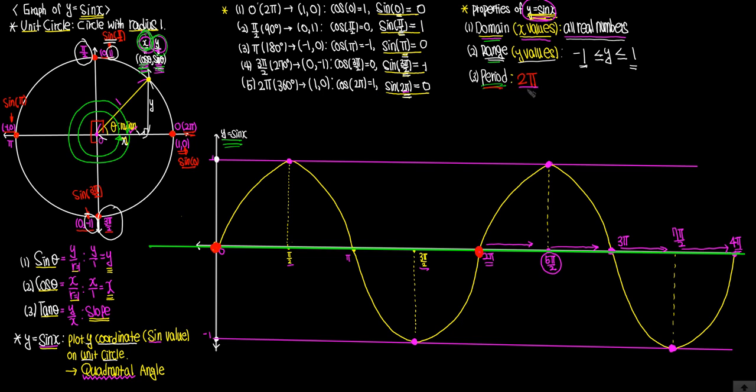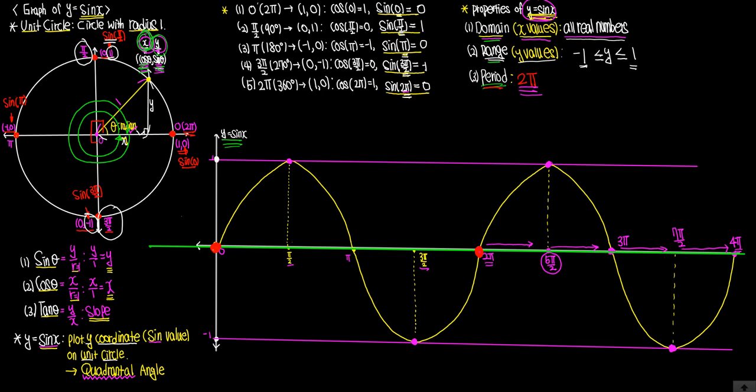The period means that after a certain graph is formed, in this case 0 to 2 pi, it will continue in the positive and the negative direction, and this 2 pi radian is the period for the graph.